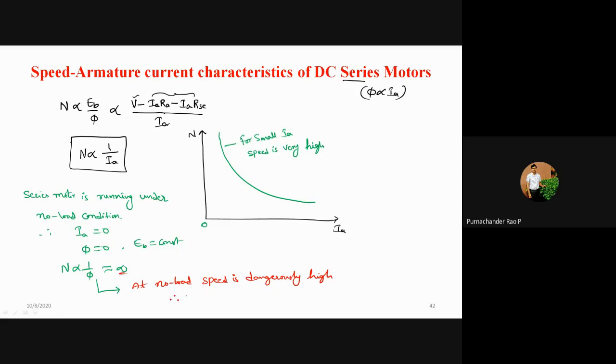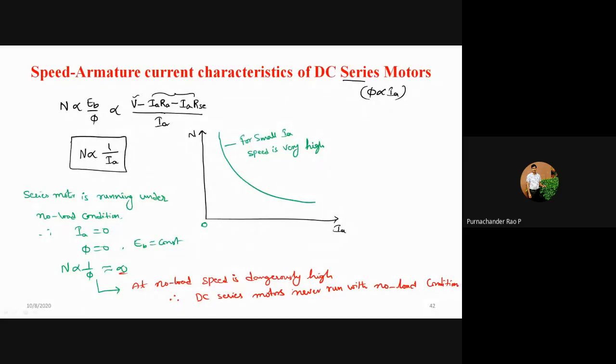Therefore, the main important conclusion is that DC series motors should never be run under no load condition. This is a very, very important concept.